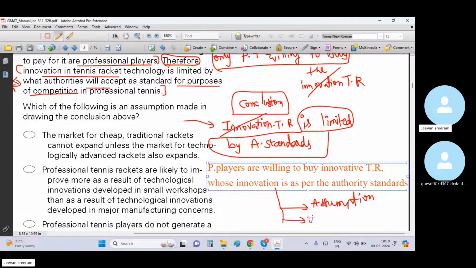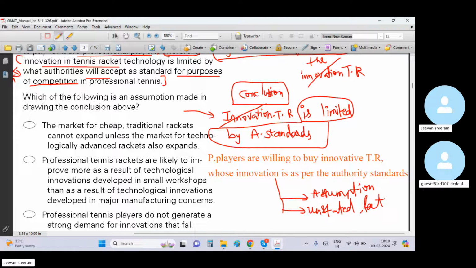So it is basically unstated in the argument, and also a fact as per the author and the argument.